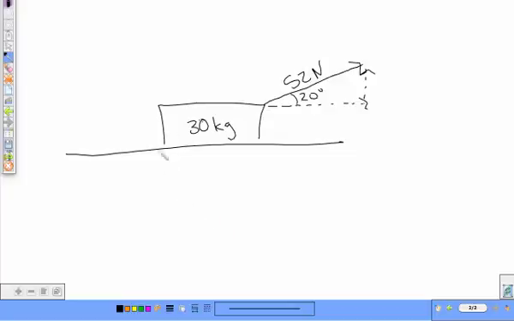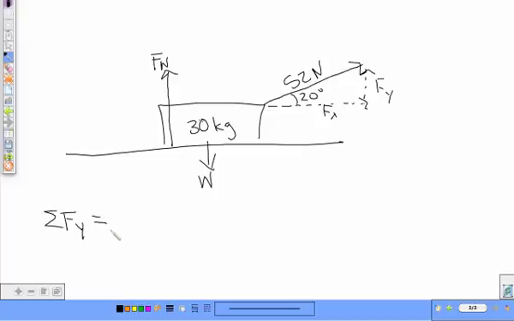So first it asks for the normal force. So here's the normal force. We have the weight, and then we have F of x, and we have F of y. So normal force is in what direction? Which is on which axis? The y. So we want to find the sum of the y forces.